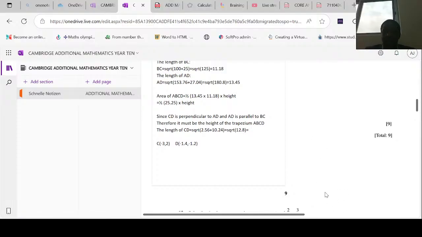So the square root of 12.8, yeah, square root. At the end of the day, the distance is this squared, so you have to take the square root of the sum. 3.58. I don't know if that's what you got. 3.58. So which is the height?